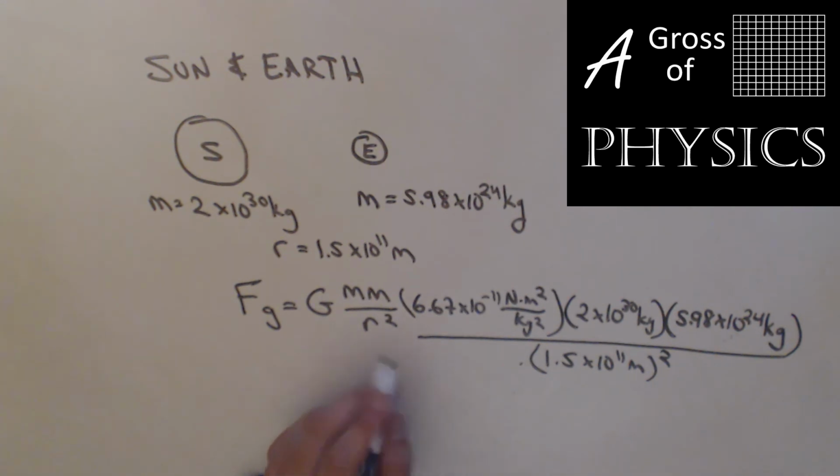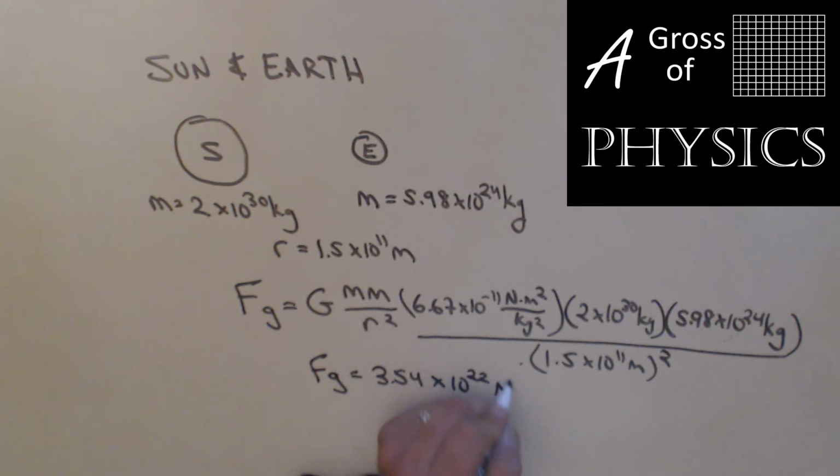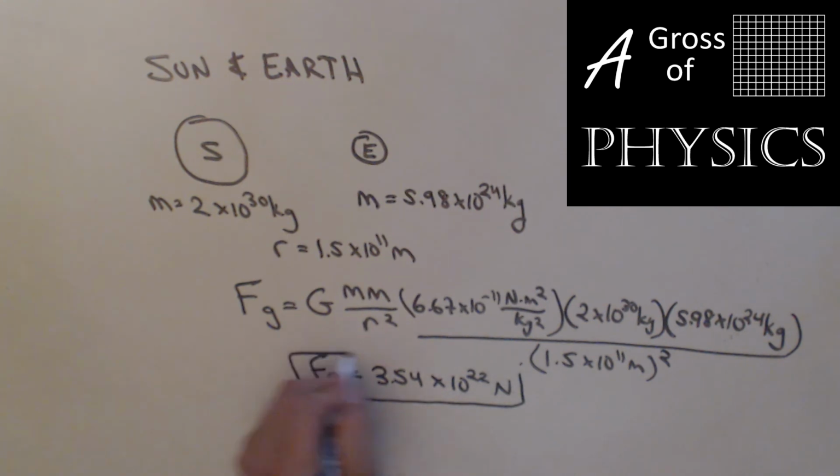And when we do that, we end up with the force of gravity between the two to be 3.54 times 10^22 newtons. So the Earth stays in orbit around the Sun because the force of attraction between it and the Sun is so large. 3.54 times 10^22 newtons.